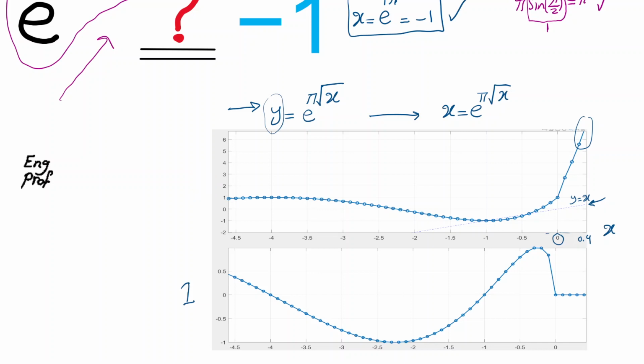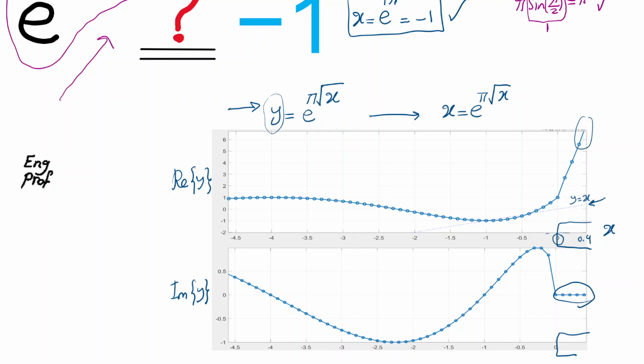So this is the real part of y, and this is the imaginary part of y, plotted for the same x applied. As expected, when x is a positive value, the imaginary part is clearly 0. When you apply a positive value under the square root, y becomes just a positive value.